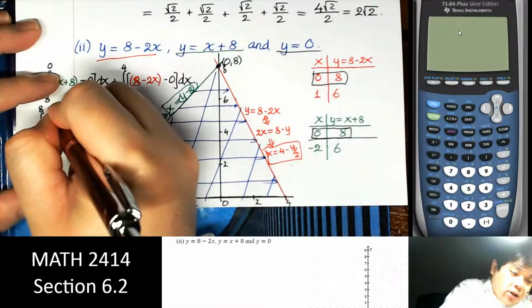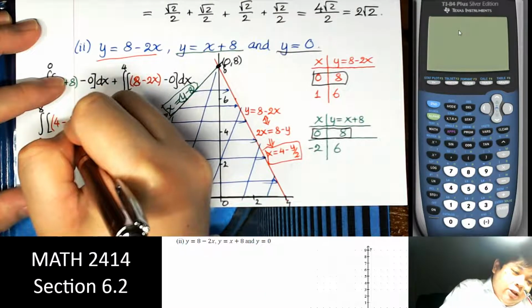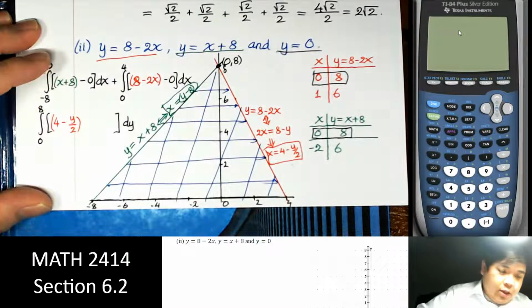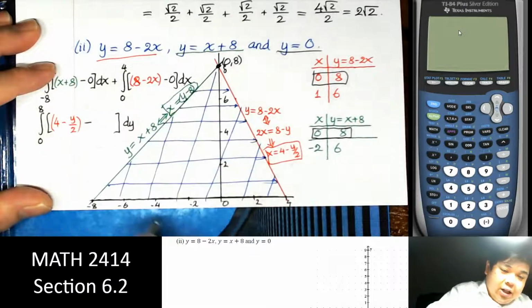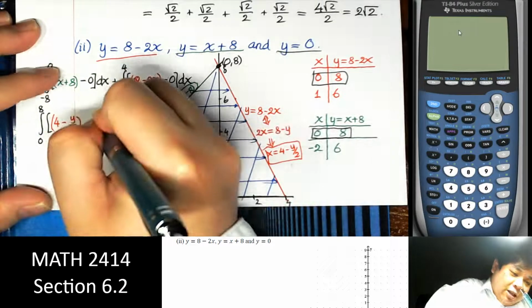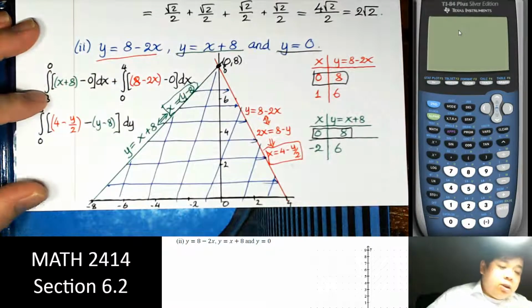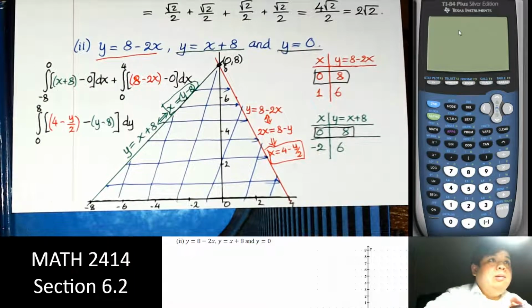So we start with 4 minus y over 2, and then subtract the function on the left, y minus 8. Right?